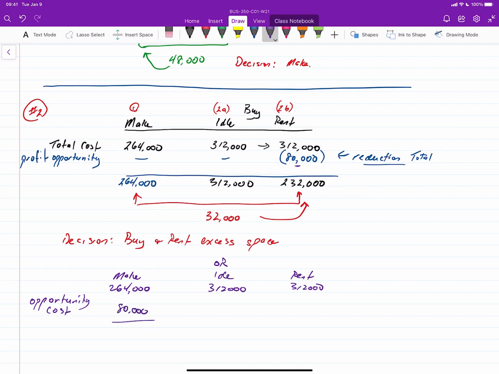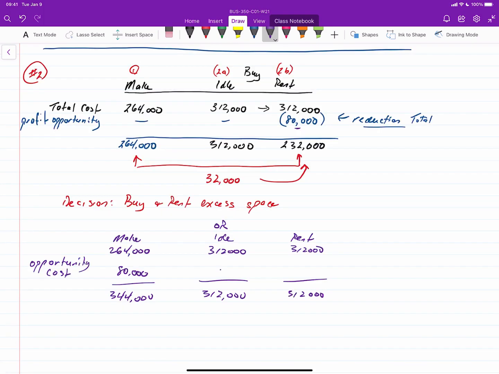So it makes the cost to make more expensive. This is $344,000. And I would actually also add that opportunity cost to the option of buying and keeping idle because I wouldn't get the extra revenue there. So that actually makes this $392,000. But look at the difference. $344 minus $312 is still $32,000. Still in favor of outsourcing and renting. This is the lowest cost option.